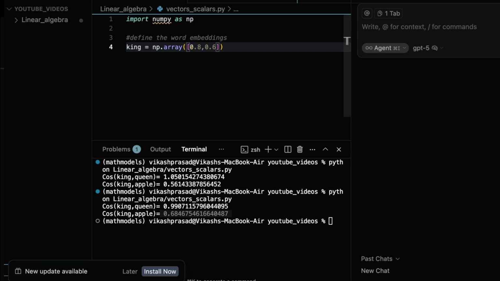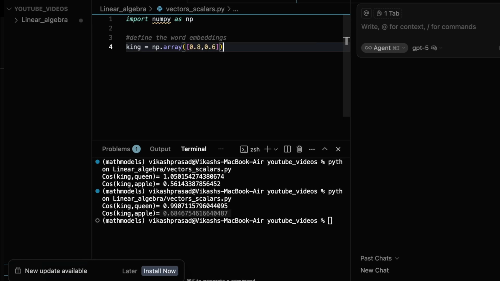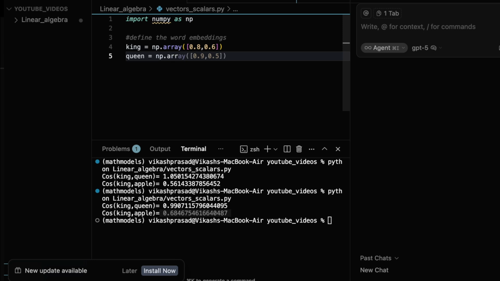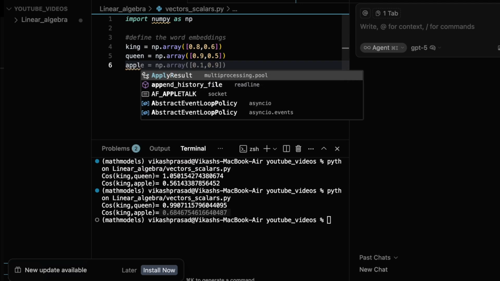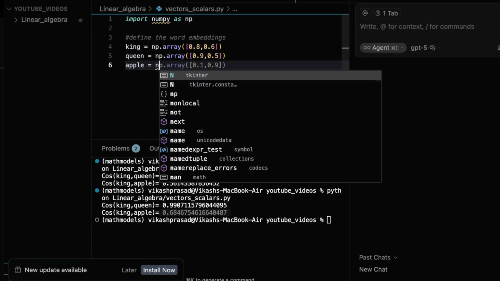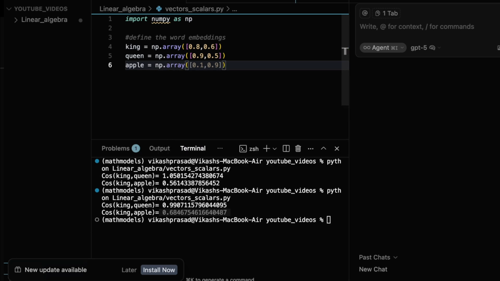King is np dot array 0.8, 0.6, queen is equal to np dot array 0.9, 0.5, and apple can be represented by np dot array 0.1, 0.9.